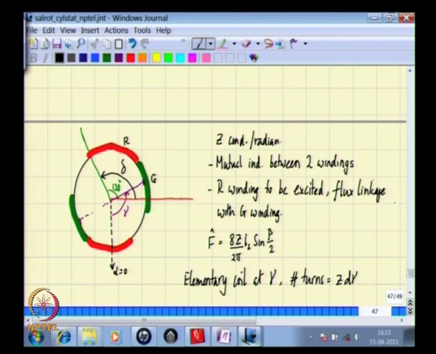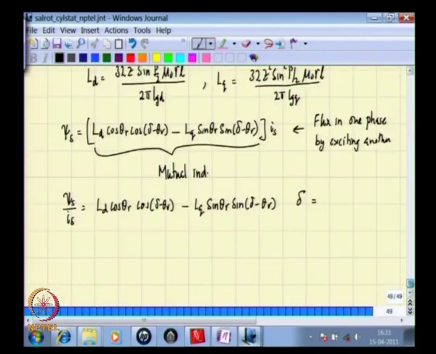Now, if we call this the R phase and we call this the G phase, then this is the mutual inductance between R and G, where the rotor axis is situated at an angle theta r somewhere in between. So, using this expression, delta is the spatial separation.